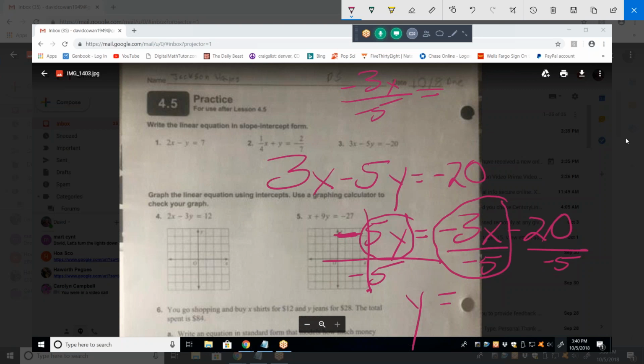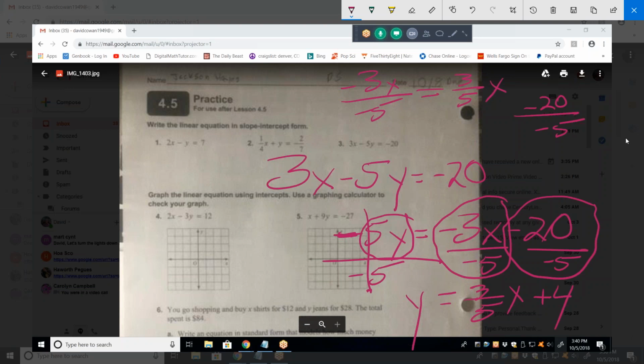Positive. So that becomes 3/5 x. Now, what does that become? I got minus 20 divided by minus 5. Positive 4. Good, very good. There's your answer.